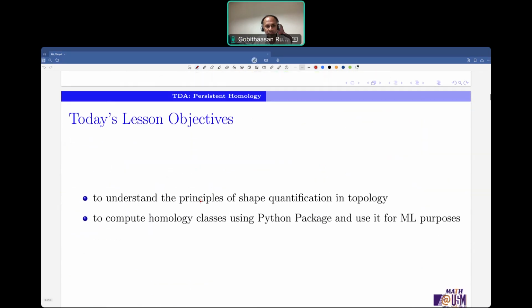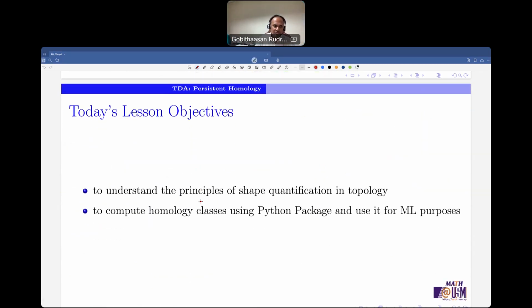So today's lesson would be twofold. First is to understand the principle of shape quantification in topology. Okay, so we are so used to geometry and Euclidean space, so we are going to look at a little bit of topology and shape quantification in this domain.